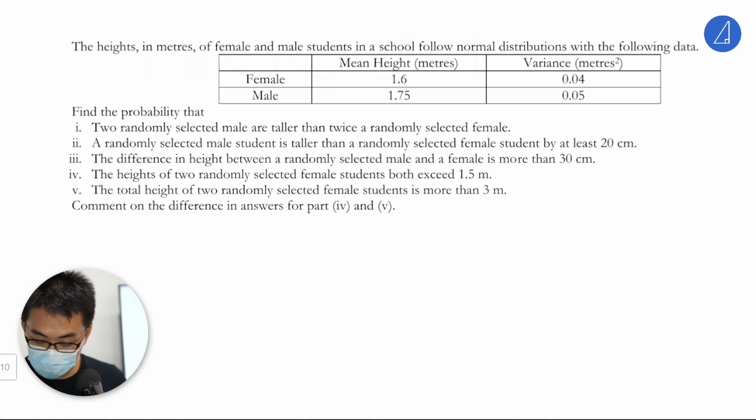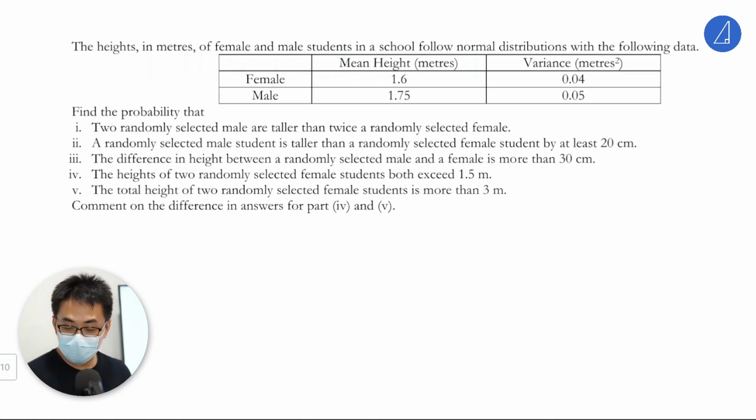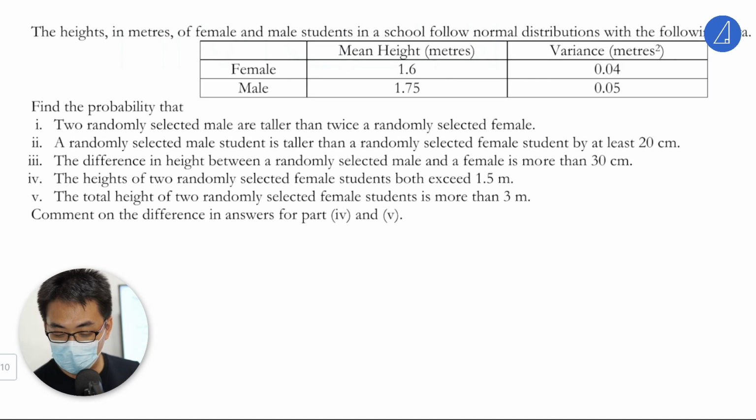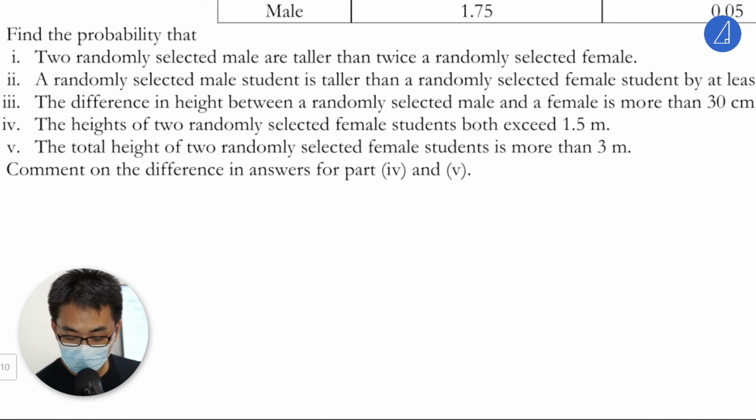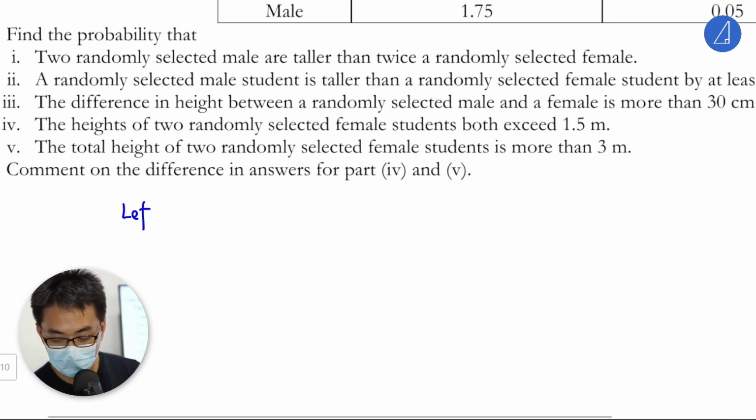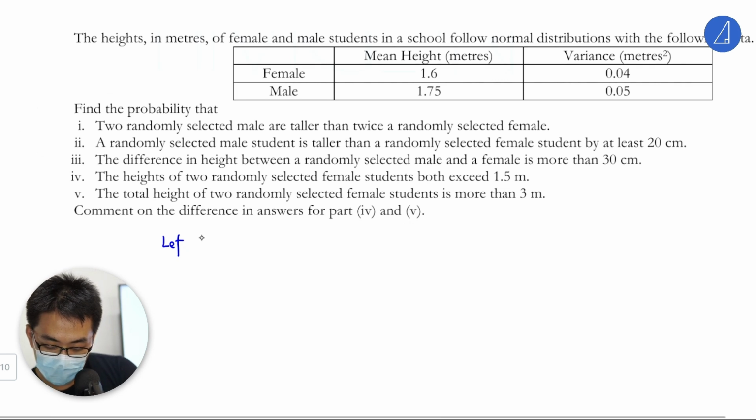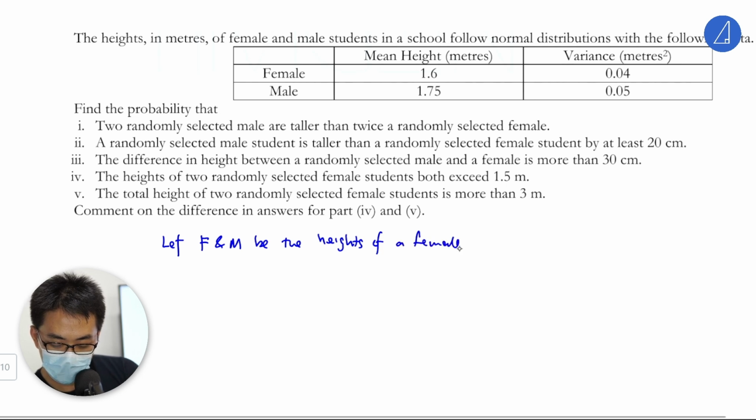One, you have heights of female and male students, so they are the emitters. Two, a randomly selected male is taller than twice a randomly selected female. So I can let F and M be the heights of a female and male respectively.